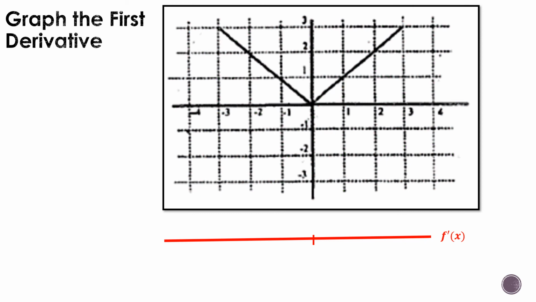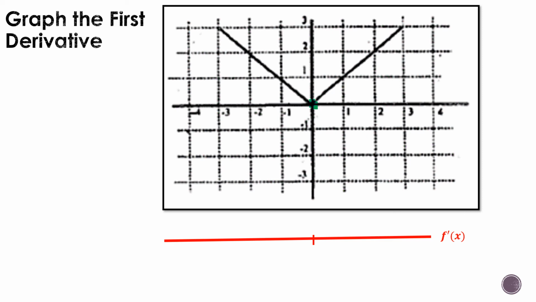So I've got my sign line, and I can see that my graph is decreasing and then increasing. And it's changing at 0. And at 0, right here, this is a corner.